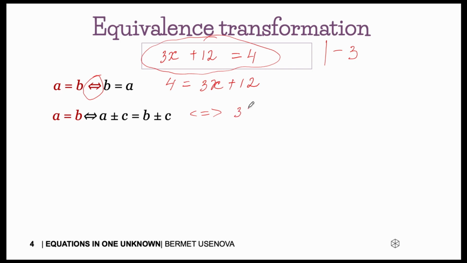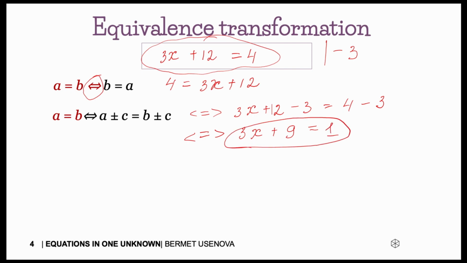We can just rewrite it: 3x plus 12 minus 3 equals 4 minus 3. Then we get the new equation, which is 3x plus 9 equals 1. So both equations are called equivalent. The root of this equation will be the same.